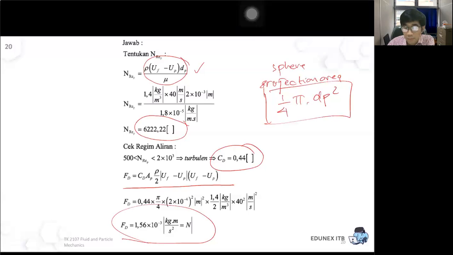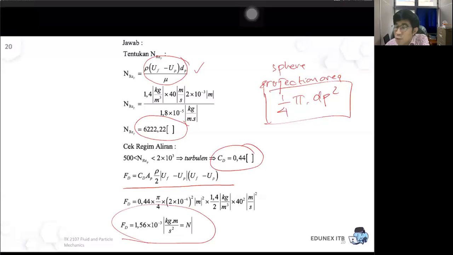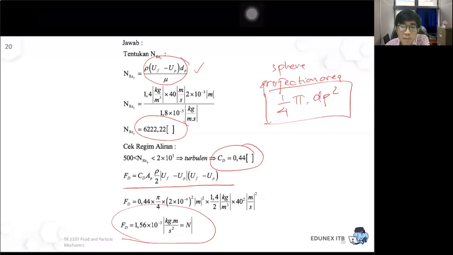Sir, can I ask a question? Yep, sure. So to get the drag coefficient, you always have to look back to the graph? Yes, normally yes, unless you are sure that the Reynolds number falls into a special category.